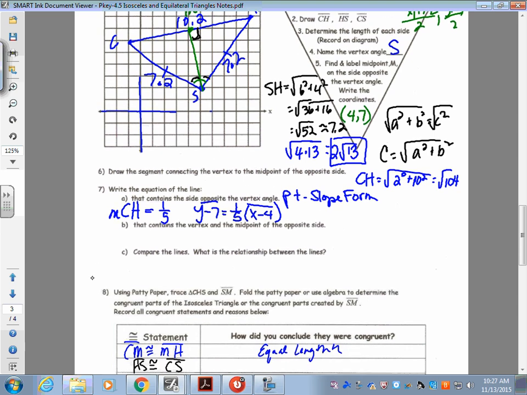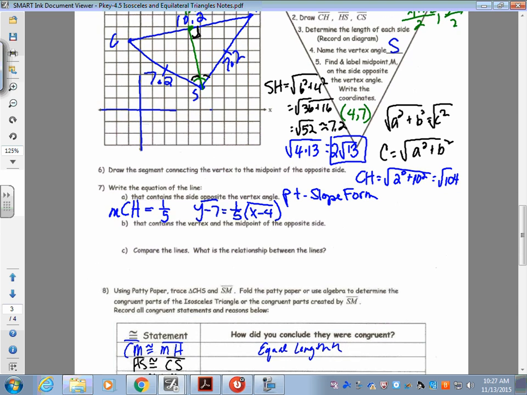All right, so now we're going to do the line from the midpoint to the vertex, which is MS, excuse me. So we're going to find the slope of SM. So find the slope of the perpendicular bisector that you drew. Count your rise over run. What do you notice about this line? This line is negative. Yeah, it's perpendicular.